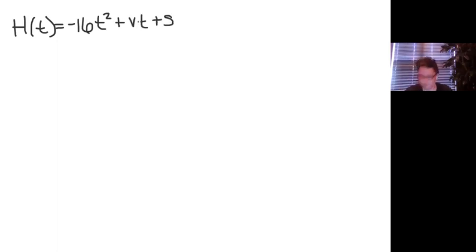And we want to know how long that ball is in the air. So we start off with h of t equals negative 16t squared plus vt plus s. That's always where you're going to start every time.